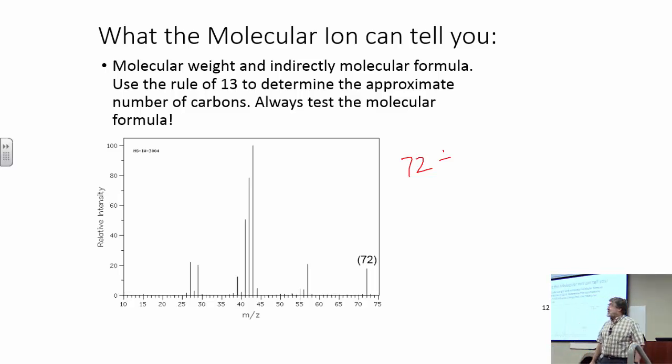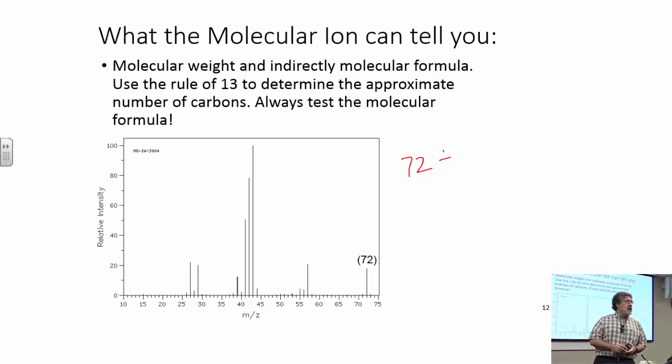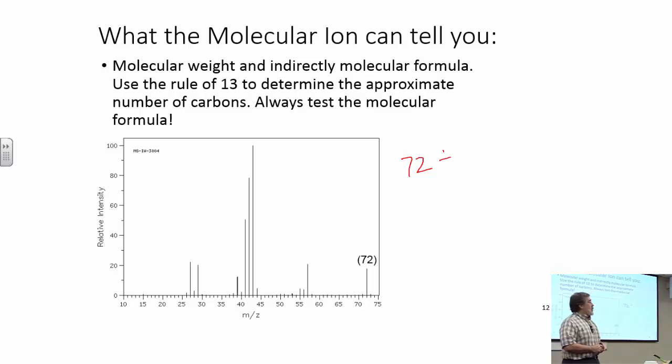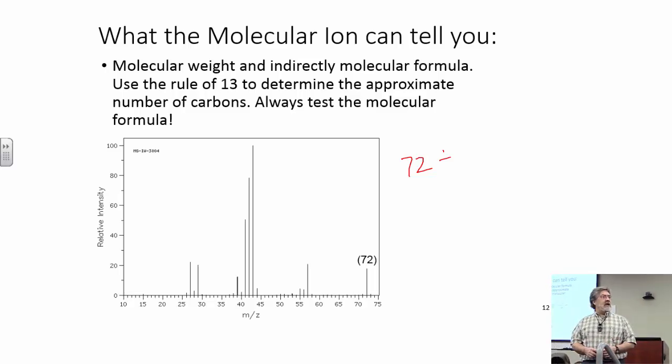So how do you test that? How do you test C5H12 as a legitimate molecular formula? CnH2n, anything else? Plus 2, right? So compare C5H12 against CnH2n+2 and check to see if it's legitimate.